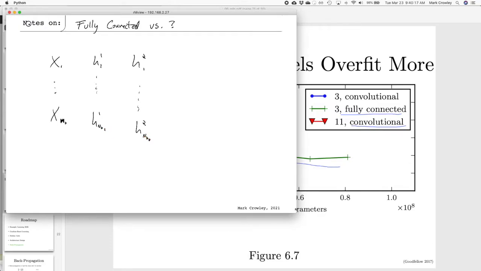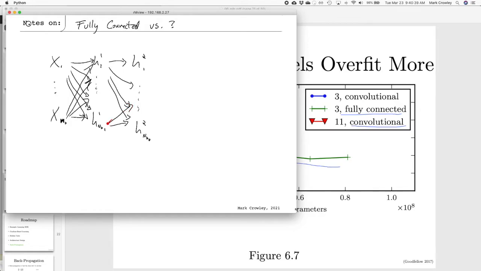We need to have one for every layer. When I say fully connected, we're assuming that every node in the previous layer is connected to every node in the next layer. And that's the default way that neural networks work.